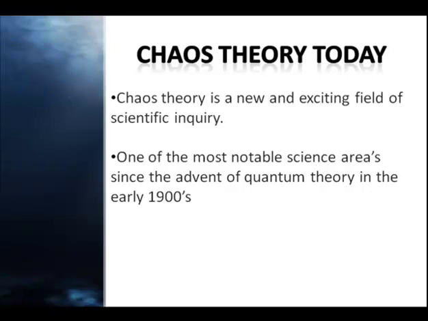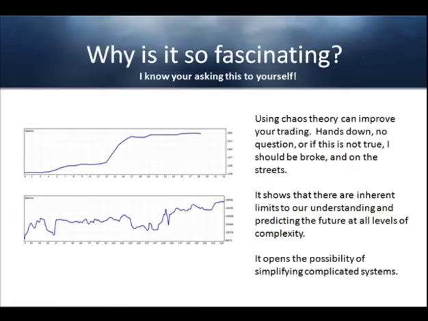And my results over the last 8 years have definitely proven to me that chaos theory is something that, if you can apply it, you can get that statistical edge that you need to carry on with your trading profitably. And you can see that on this chart.